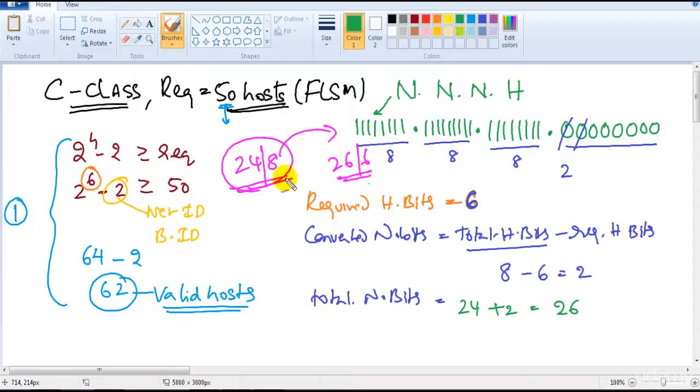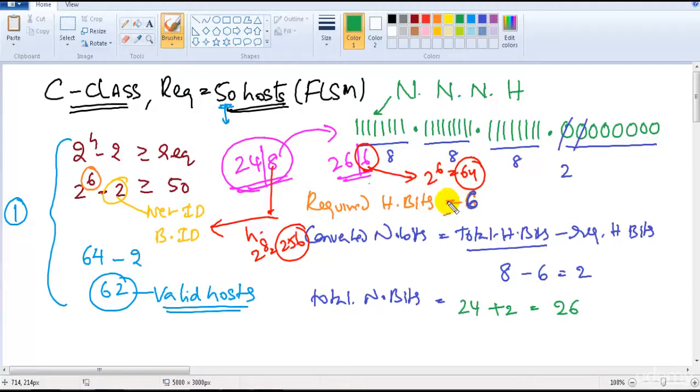If you go back to the example I discussed, if I use 8 host bits, 2 to the power of 8 is 256, which is the default size of the network. Once I reduce the bits to 6, 64 will be the size of the network. So to reduce the size of the network, we just need to reduce the number of host bits.